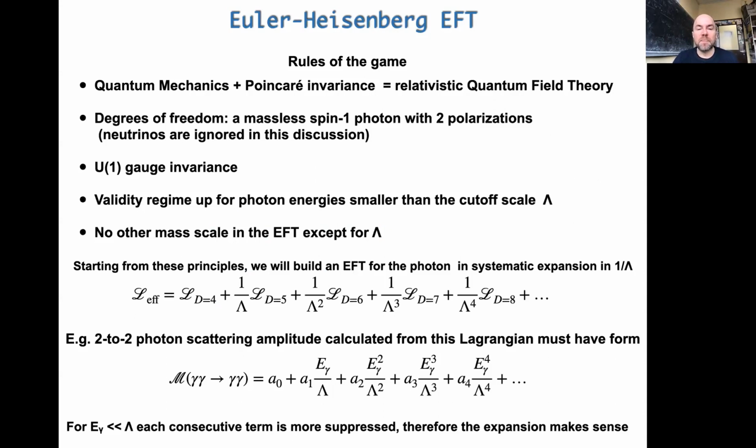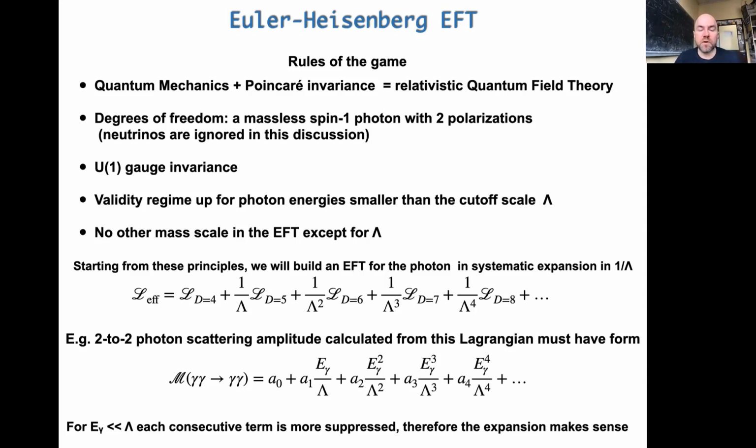The degrees of freedom that we want to describe are a massless spin 1 photon, which, like every massless particle with spin 1, has 2 polarizations. This means that if we want to describe a spin 1 photon in a quantum field theory, we need to add U(1) gauge invariance, which gets rid of the spurious degrees of freedom that would otherwise exist in a vector field.